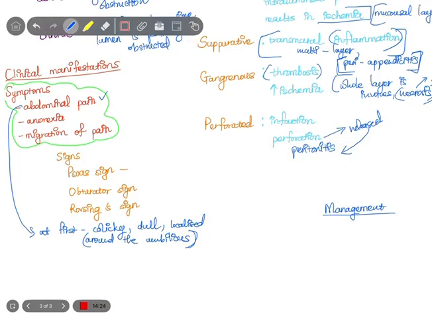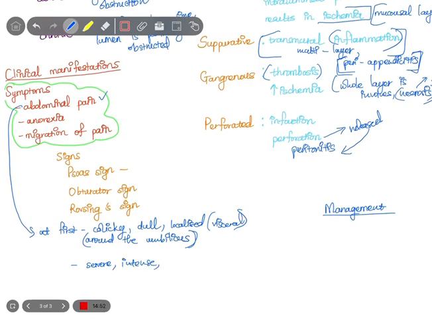Now, when the inflammation reaches the peritoneal, this is the visceral. When it reaches the parietal layer, now the pain is going to be more severe and intense.